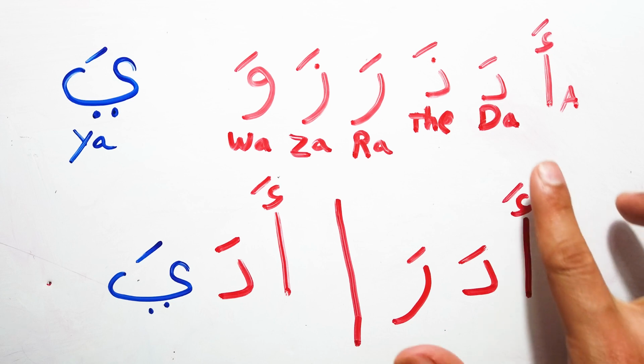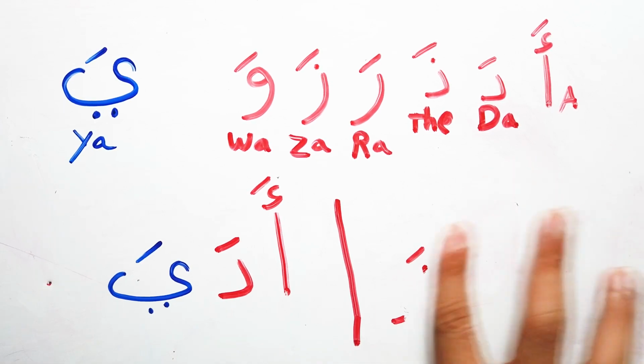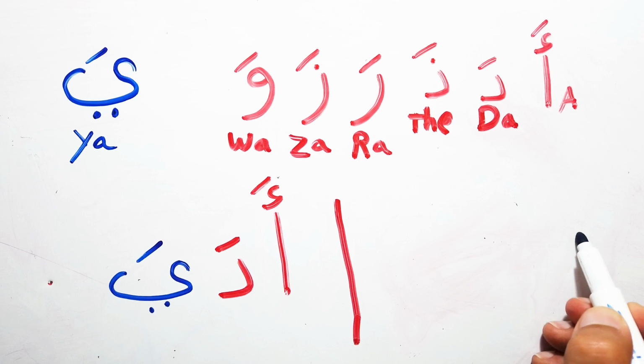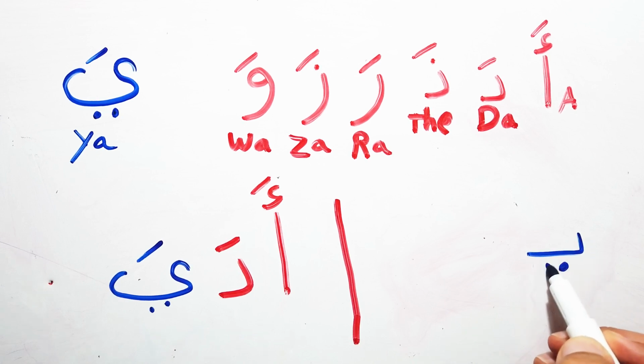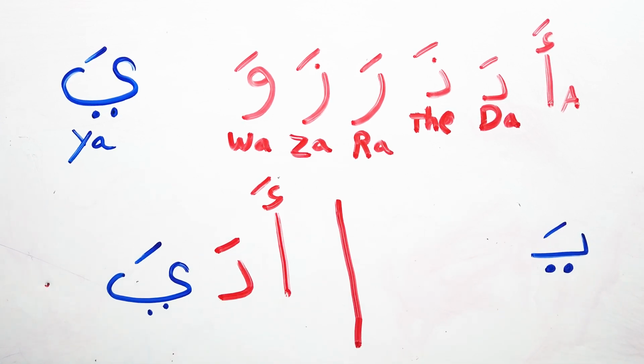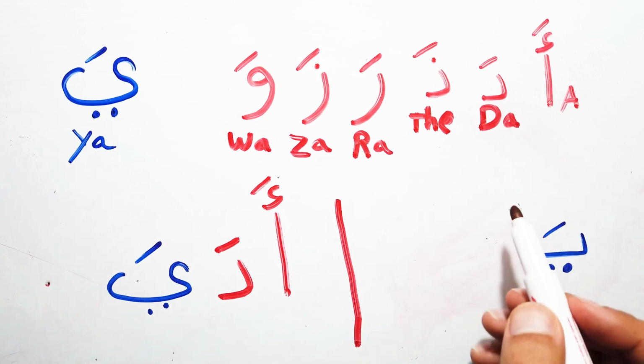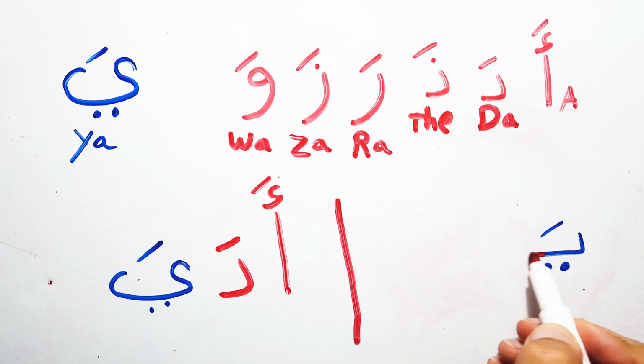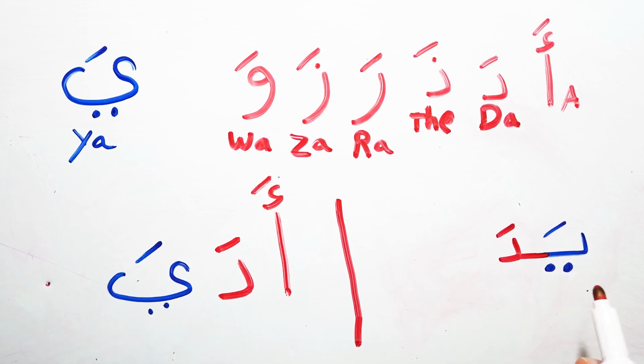Okay, now let's write another word. I'm going to remove this here and I'm going to say ya, da, za. Ya in the beginning of the word will be like this. Then da in the middle of the word. Let's add da here. Yada.